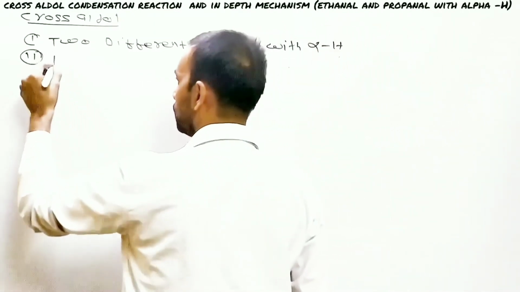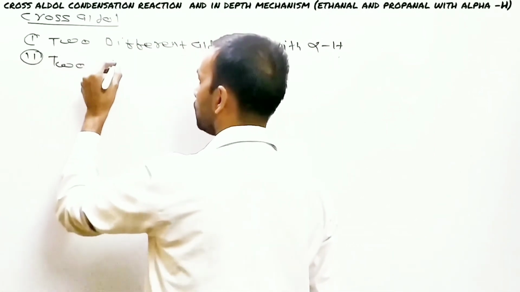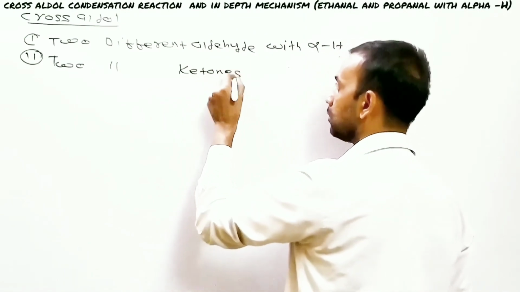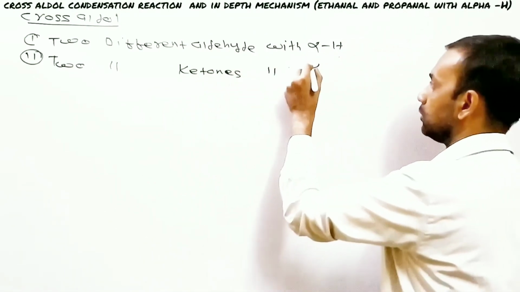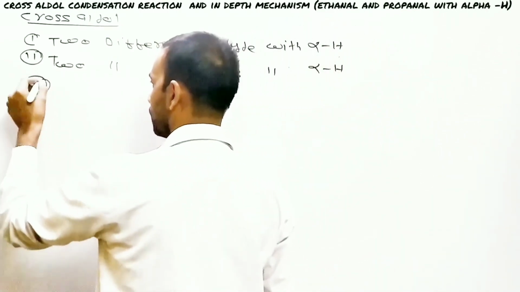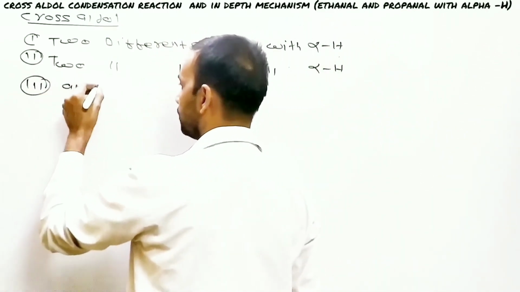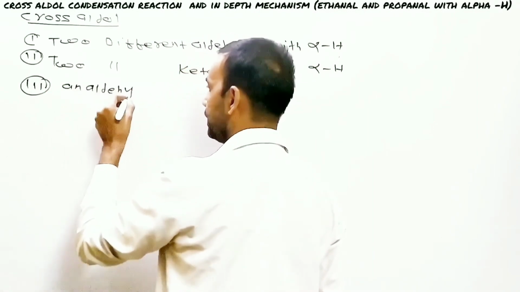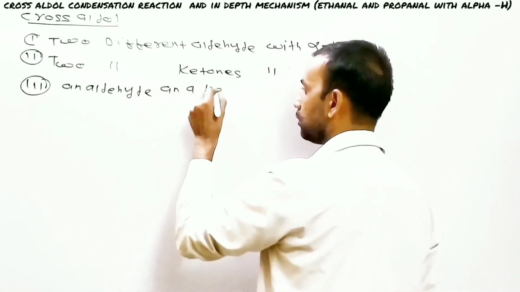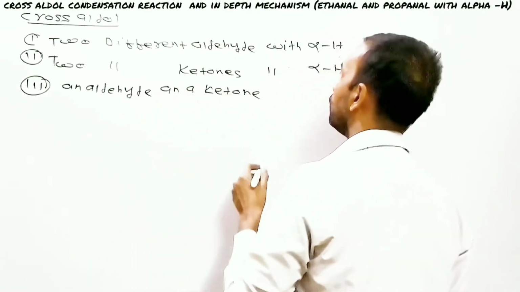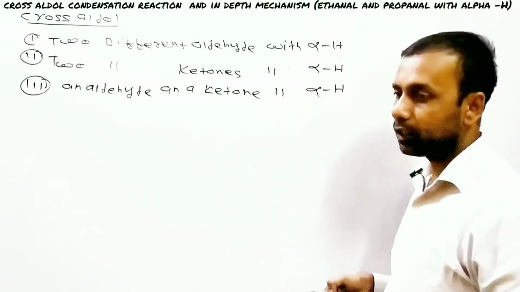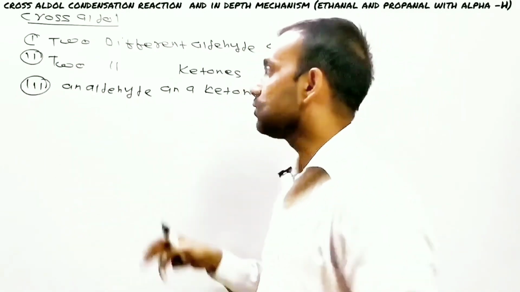It may be two different ketones with alpha hydrogen, or it may be an aldehyde and a ketone with alpha hydrogen. So a cross-aldol reaction can take place in these three conditions.